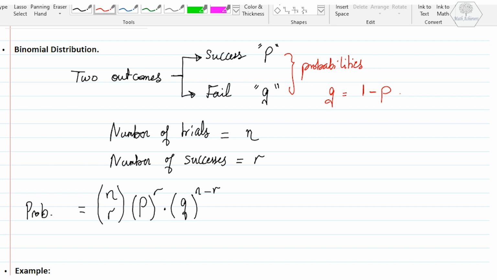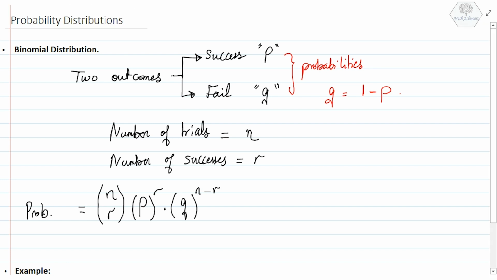Another thing I have to know about the binomial distribution is the expected value and the variance. The expected value for the binomial distribution is simply equal to N, which is the number of trials, times P, which is the probability of success.